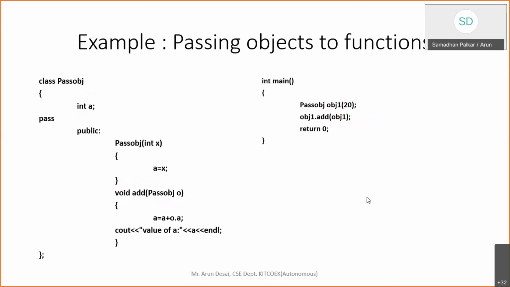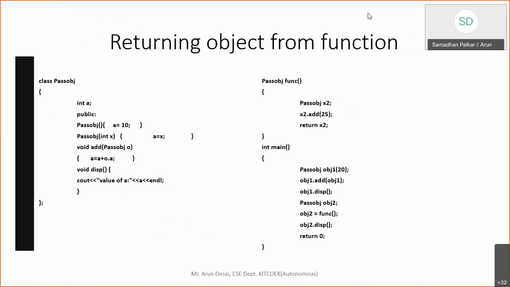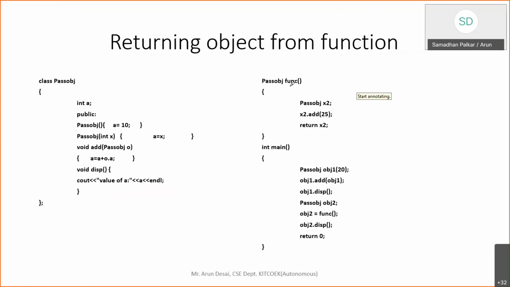Also, just like we can pass an object as a parameter, we can also return an object from a function, right? If I'm going to return an object from a function, the return type of the function should be the type of the object. So what type of object am I going to use? The pass obj class is there.